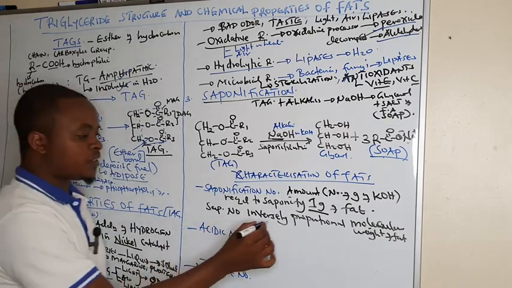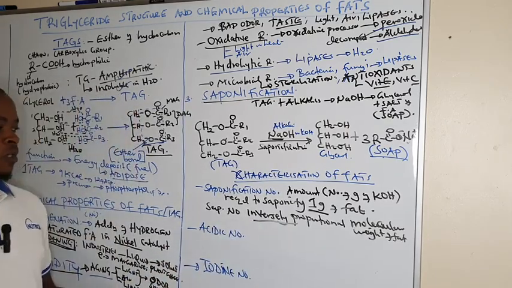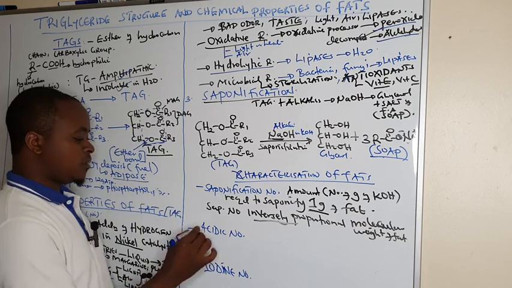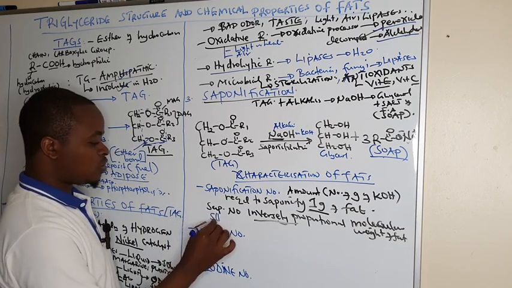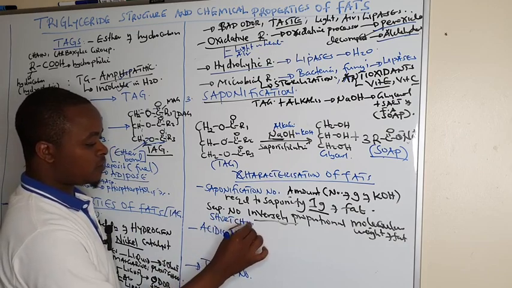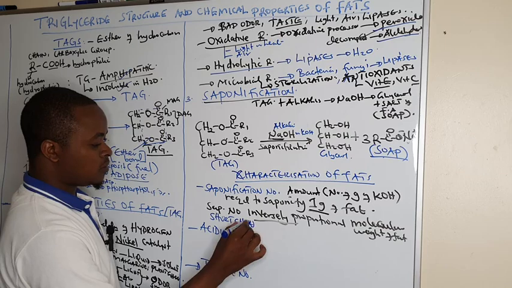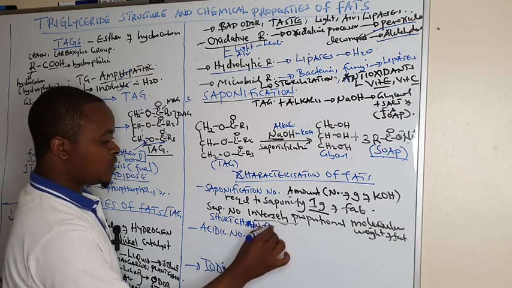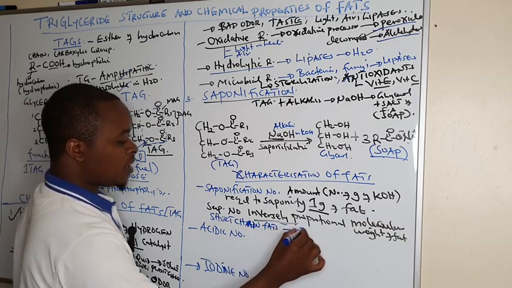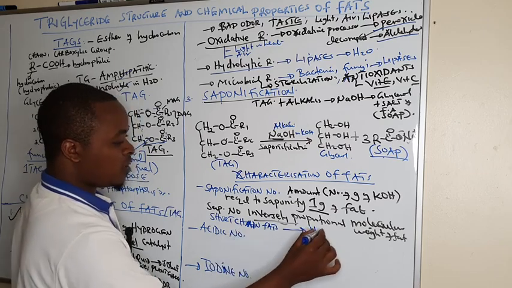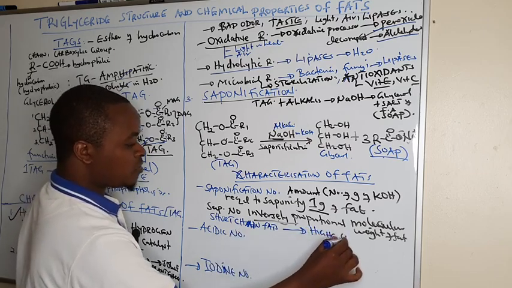If it is inversely proportional, it means the shorter the chain, we are going to see that short chain fatty acids or fats have a higher saponification number.